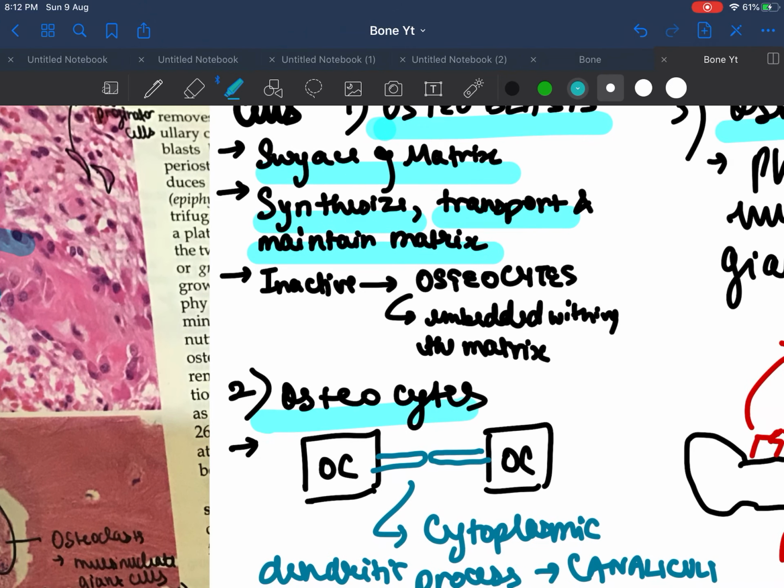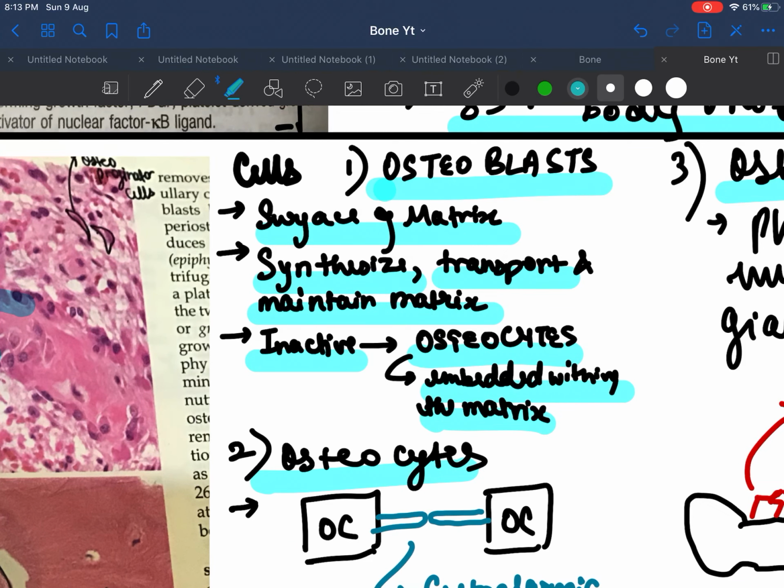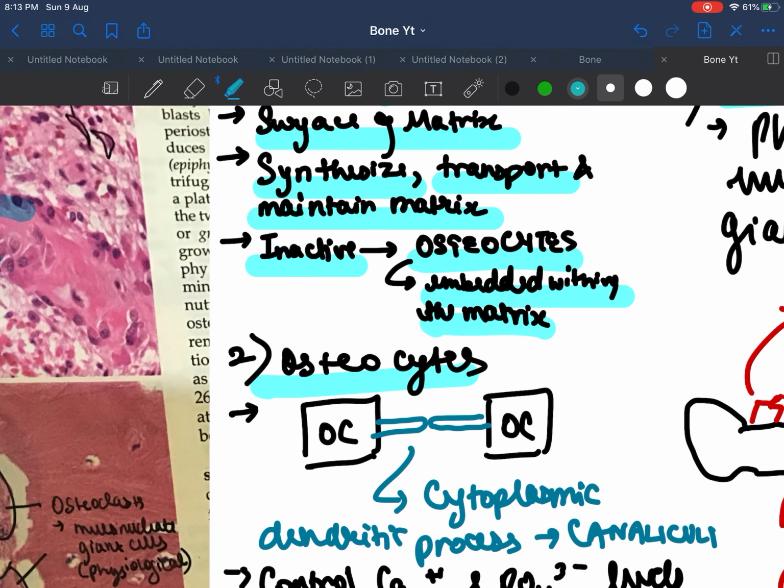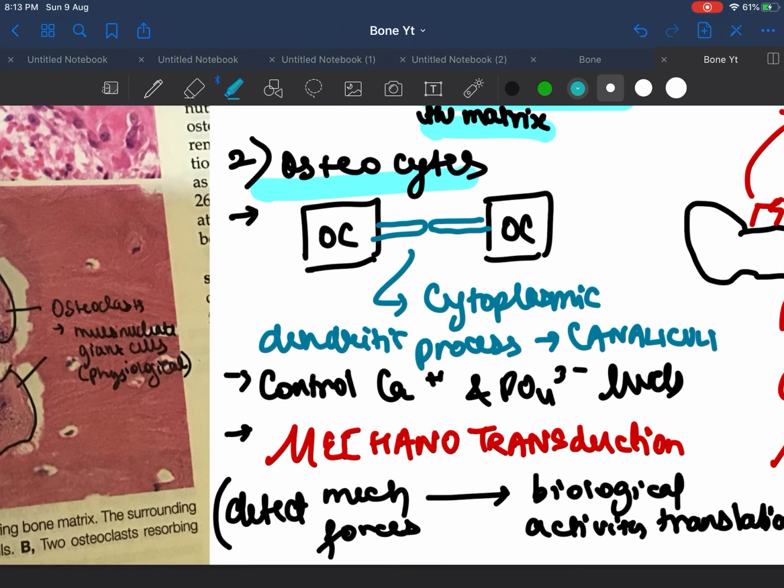So with time, some of these osteoblasts, during bone remodeling and other processes, become inactive and become osteocytes, which are embedded within the matrix. Please remember that osteoblasts are present on the surface of the matrix, but osteocytes are embedded within the matrix. Now coming to osteocytes.